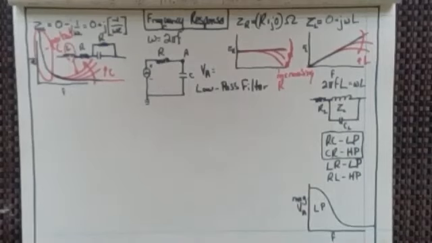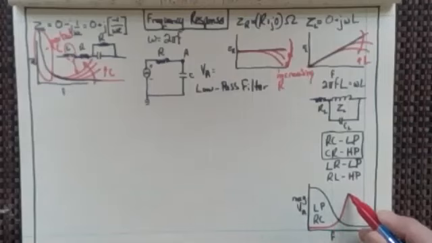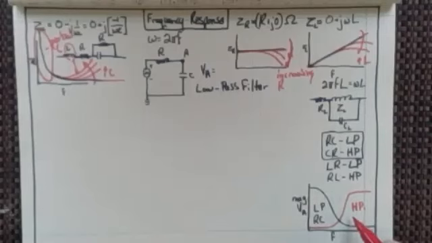And so, like I say, a low pass filter is an RC filter. Now, how about the high pass filter? The high pass filter would look like this, and that would let the high frequencies through, and that would be a CR filter rather than an RC filter.